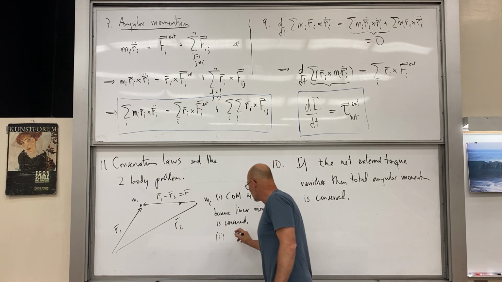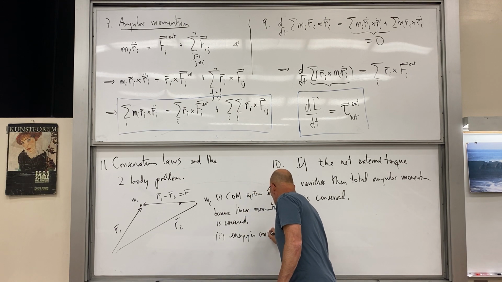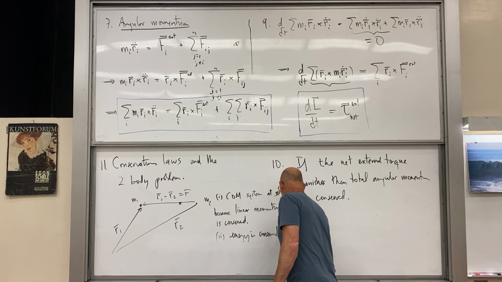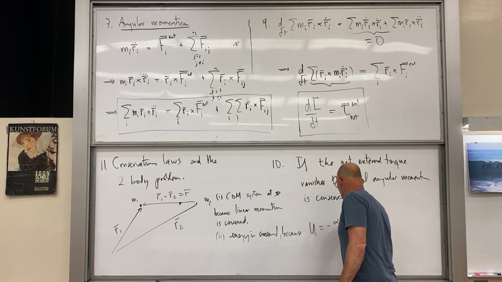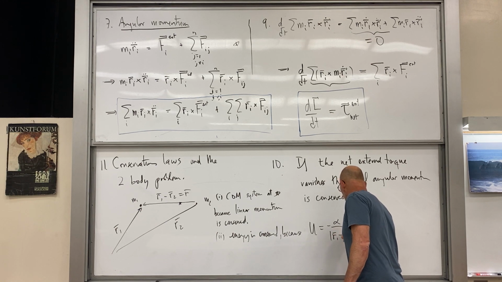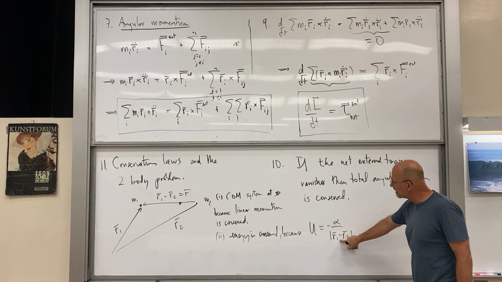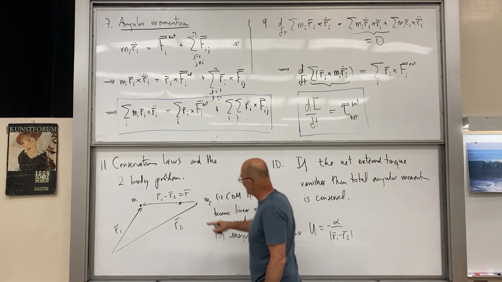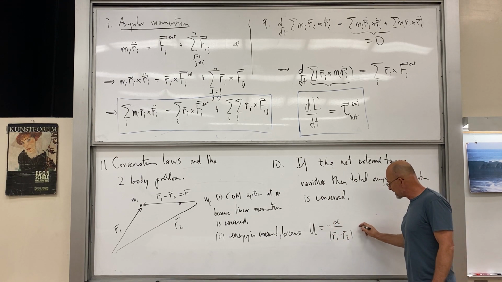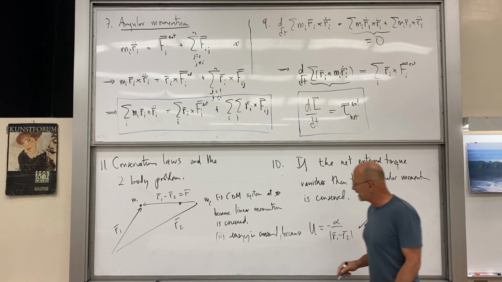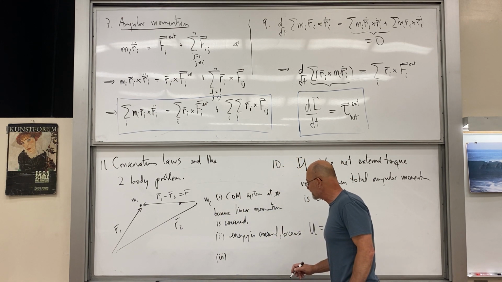And then the second thing we did was we used that energy was conserved, because we had U equals minus alpha over the magnitude of R1 minus R2. That's why that worked. And remember, we had alpha over R, and that R was precisely that. So if you can do that and get the forces, you have your conservation of energy. And angular momentum we did explicitly as well.